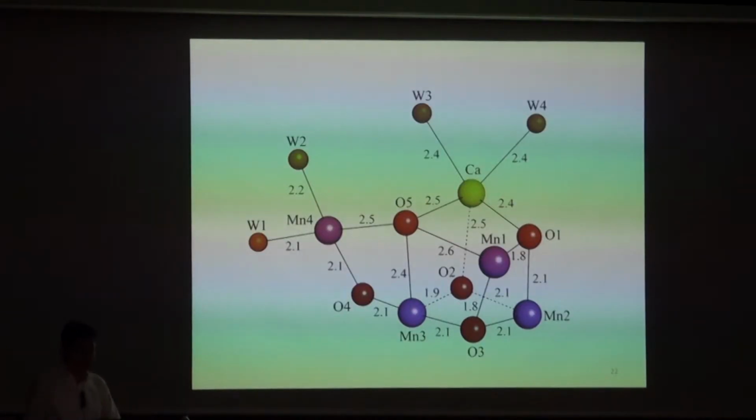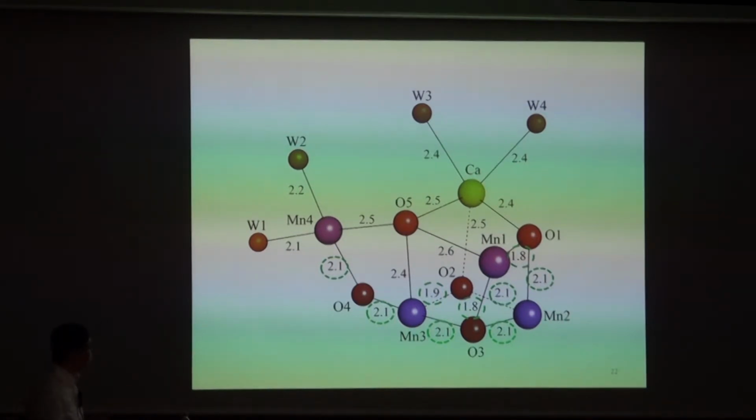Then when we look at why this structure is distorted and looks like a distorted chair form, why this is not symmetric, this is mainly caused by the bond lengths between oxygen and manganese ions. You can see the typical manganese-oxygen bond distances are in the range of 1.8 to 2.1 angstroms.